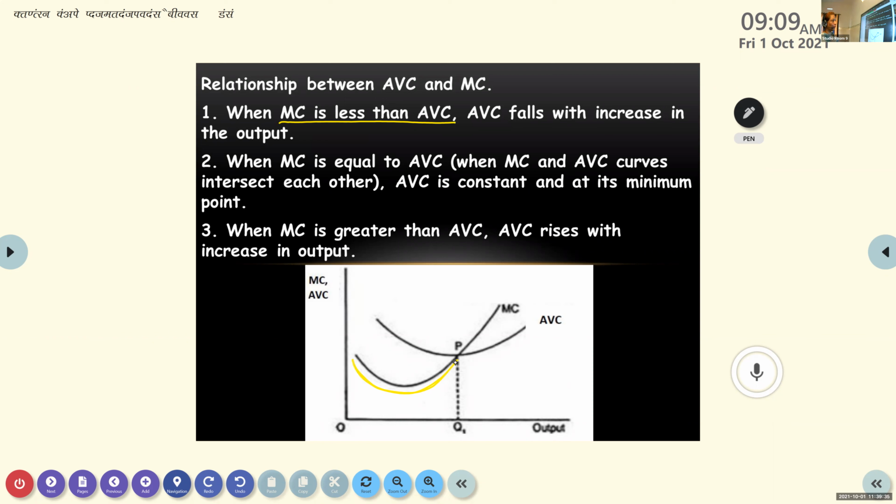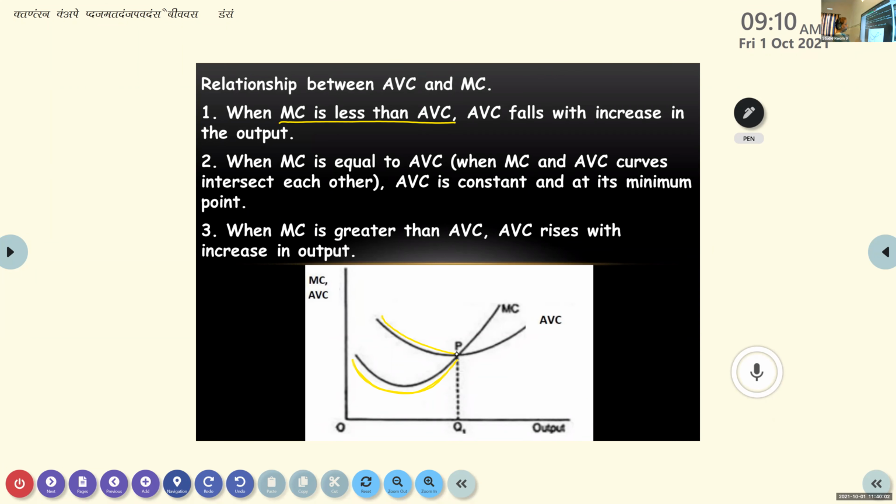Because you know that total cost is mostly influenced by the average variable cost, because of that reason you can see the same kind of relationship between MC and AVC and between MC and total cost. Now, when MC is less than AVC, what is happening? AVC falls. You can see AVC is reducing till this point.